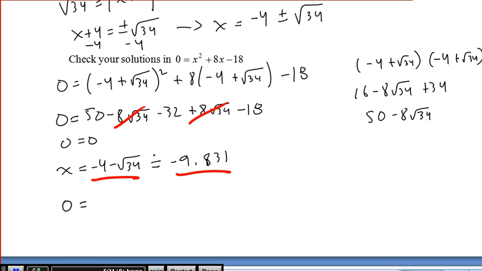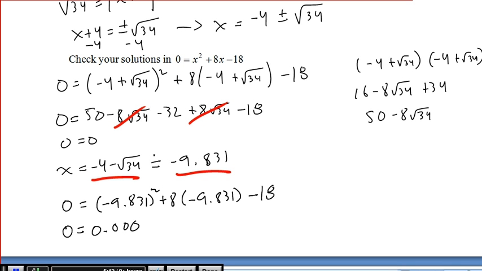So that gives us 0 equals, and when I plug that in, I get 0 equals negative 0.0006 approximately.